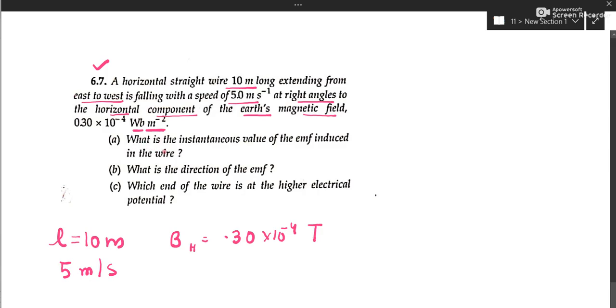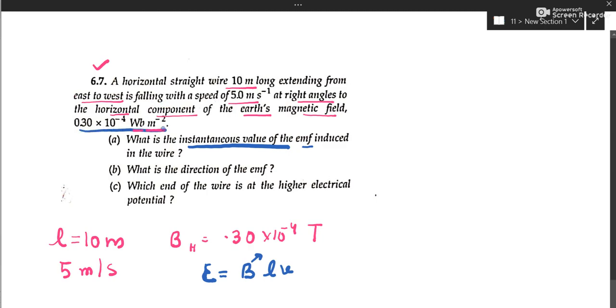First question, what is the instantaneous value of EMF? The conductor is falling, so the conductor is moving in a magnetic field. So the instantaneous value of EMF will be BLV. Always keep in mind that the B which will come is the one perpendicular to the length and to the velocity. So which B will come? Yes, exactly this magnetic field.